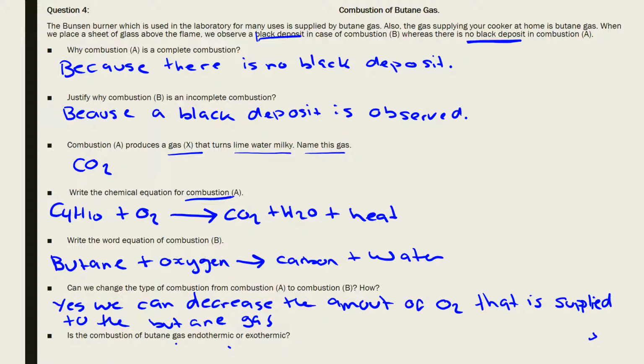Is the combustion of butane gas endothermic or exothermic? It is always exothermic because there's a release of heat.